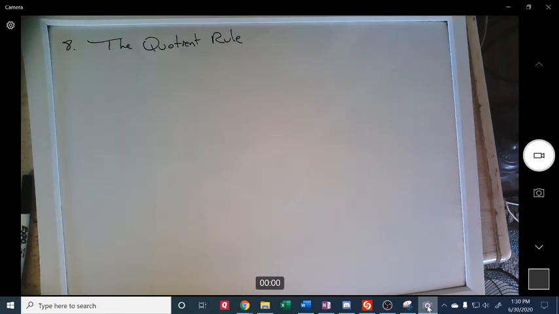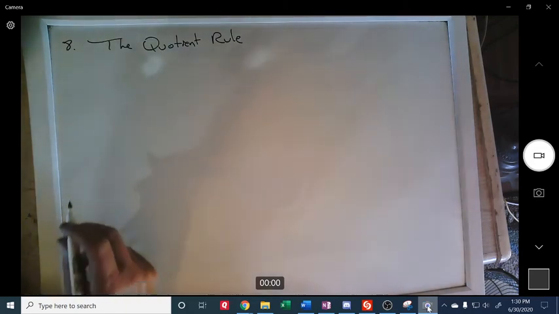So what we're going to do now is I'm just going to tell you what the quotient rule is. You're going to memorize it and use it. And then in about a week or so, I'll be able to give you an explanation of why the quotient rule is the way it is. All right, so the quotient rule.